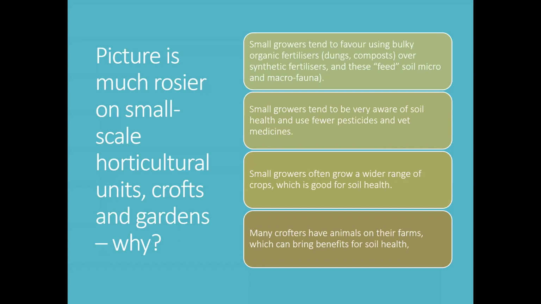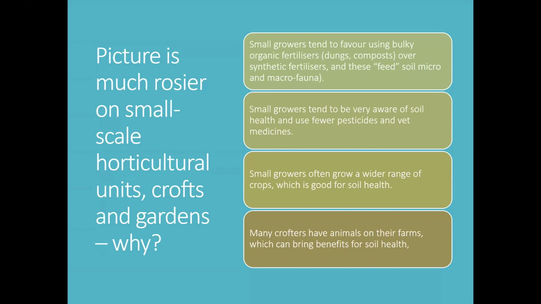The big ones, like earthworms, and the smaller ones right down to microorganisms. Smaller growers tend to be already very aware of soil health, and many of them want to use fewer pesticides and fewer veterinary medicines. So they're using prevention methods to control both livestock diseases and things like worms as well, and also crop pests and diseases.